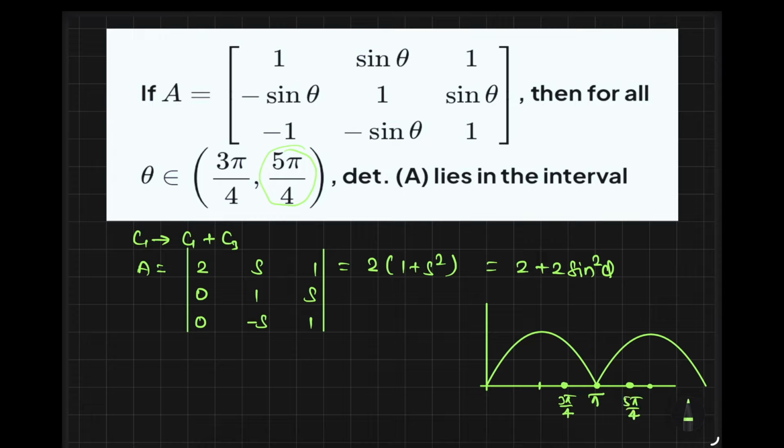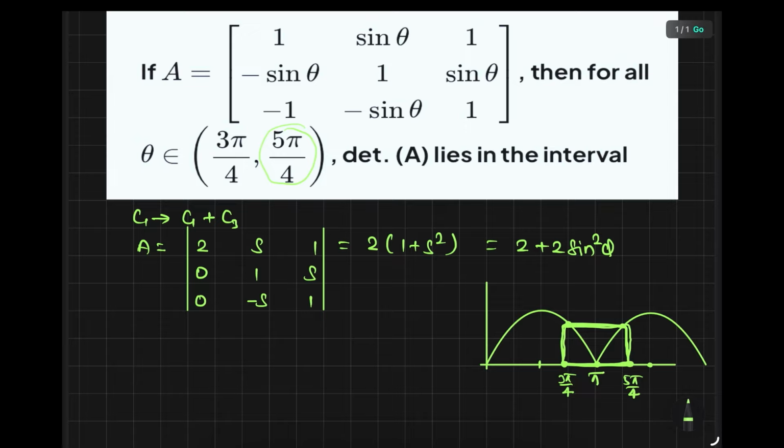So we are interested in finding the value of this, and we have to focus on this block only. I hope till this part you guys are okay. Now look at this. The minimum value of the determinant of A will be this: at pi, sine will produce 0, so in that case it will become 2.